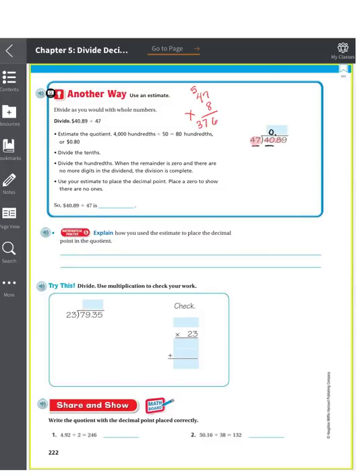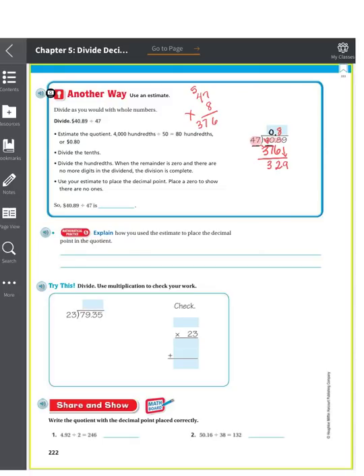Okay, so let's see if that works. 376. So then we're going to subtract 376 from that. Get 32. Bring down the 9.